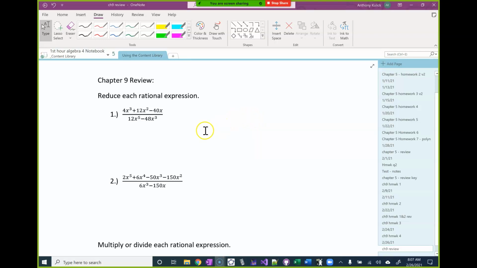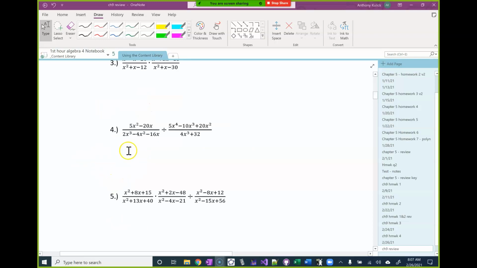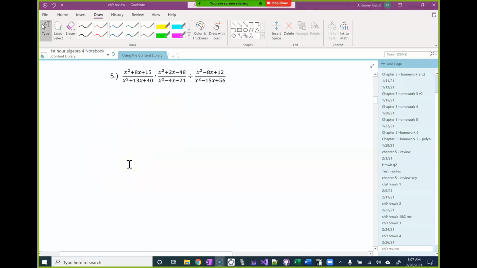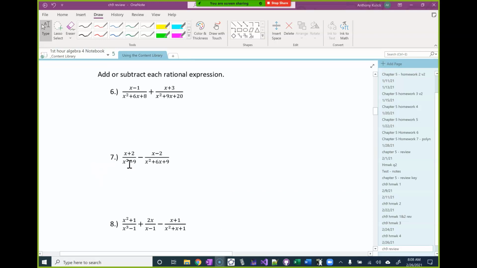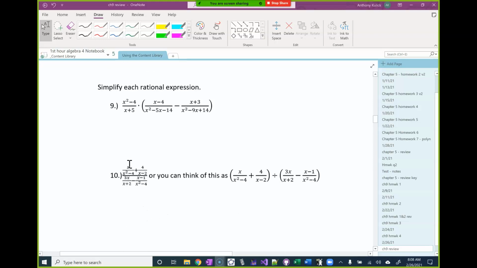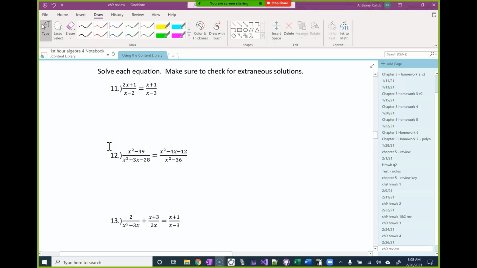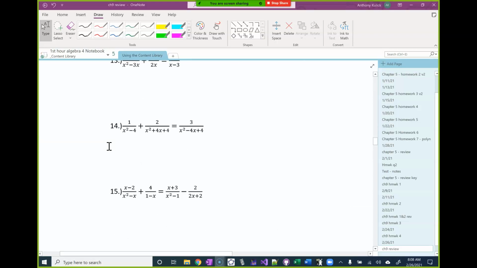I have 2 mixed problems where we have addition, subtraction, and multiplication, division going on at the same time. I have 5, I think, solving problems here. And then I have some graphing problems here at the end. I think I have 2 of each kind of graphing. Yeah. So, review.